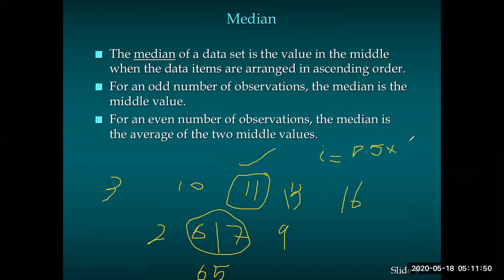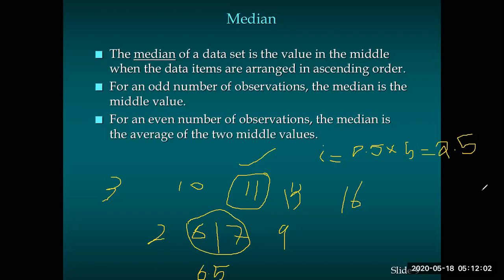I have 5 observations. So this is going to be how much? 2.5, right? So 2.5 should be between 2 and 3.